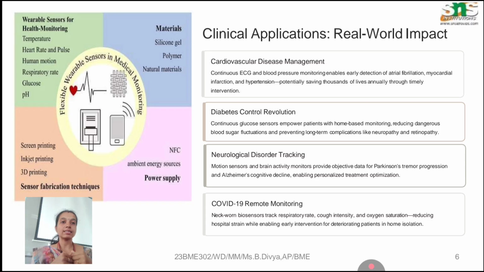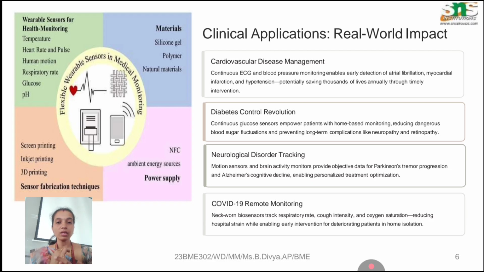Okay, next is the diabetic control revolution. Continuous glucose sensors empower patients with home-based monitoring and reduce dangerous blood sugar fluctuations. Nowadays patients are often not in control of their sugar, so the deep fluctuations of blood sugar can be identified then and there, preventing long-term complications like neuropathy and retinopathy.